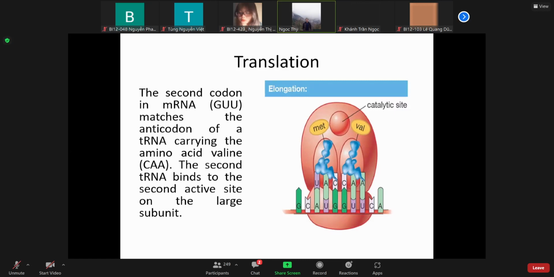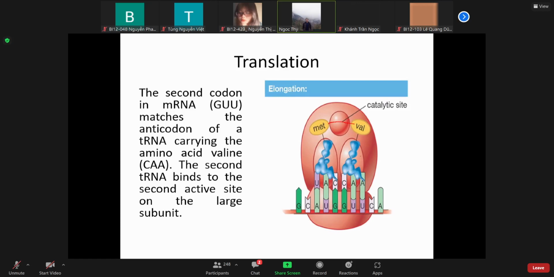The catalytic site will enhance a peptide link. A peptide bond is actually a covalent link, so it's really, really stable, between methionine, the first amino acid, and the second amino acid.